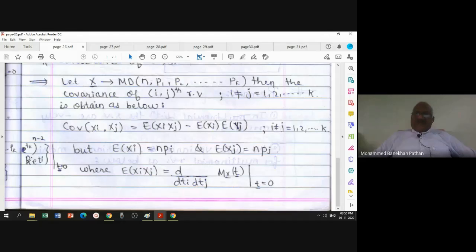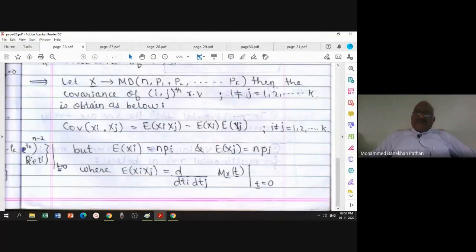What is i and what is j? i not equal to j, from 1 to k. If i equals j, what will happen? Let us check. Suppose I take i, j both equal, and that equal to 1. So it will be covariance of x1 comma x1.